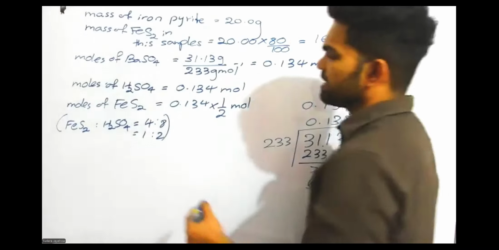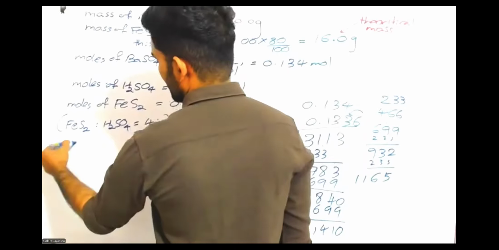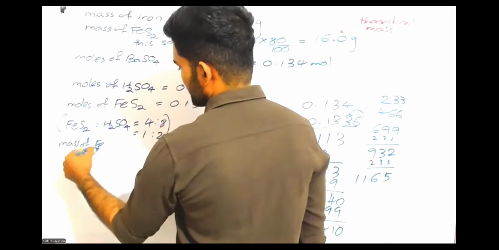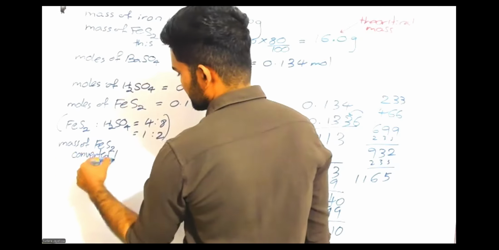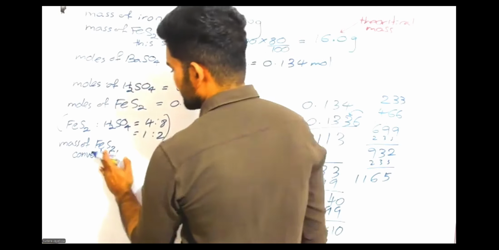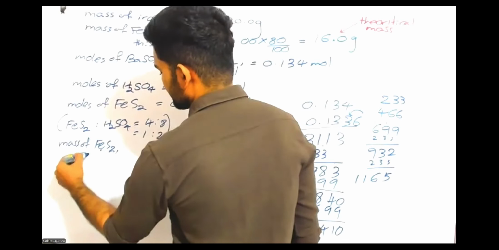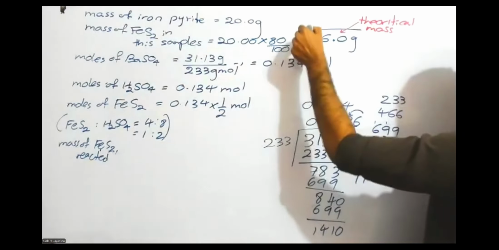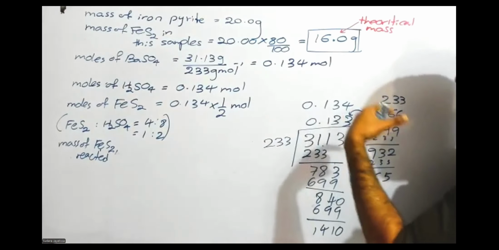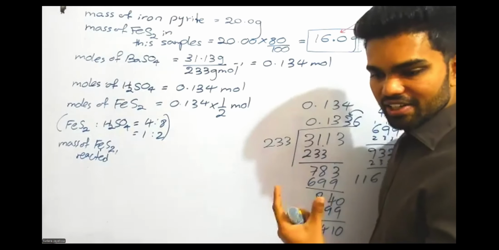So then you can find mass of FeS2 converted, or you can say mass of FeS2 reacted. So originally you have this much of FeS2 theoretically, no? So only a part of that is reacting here, no? Right?